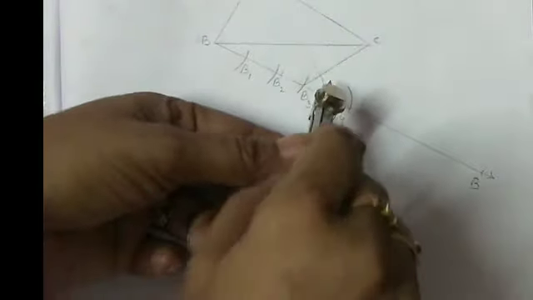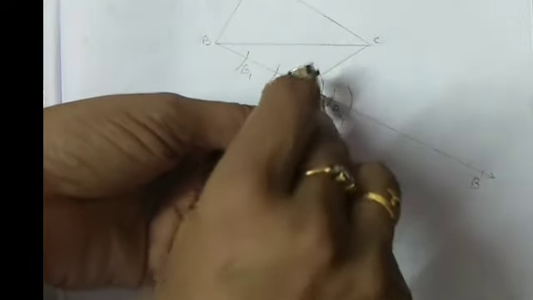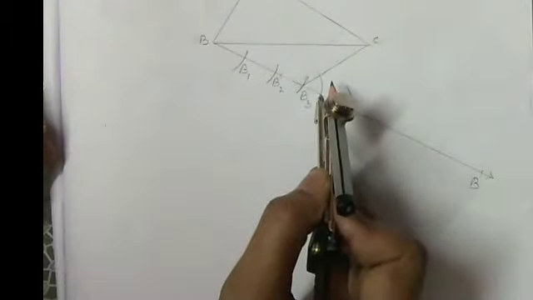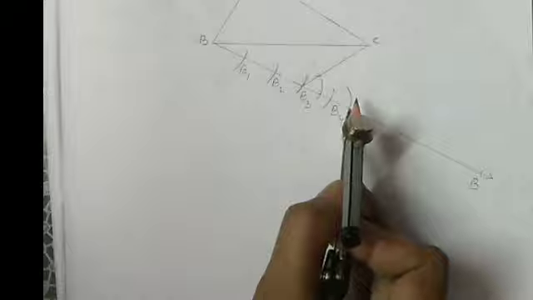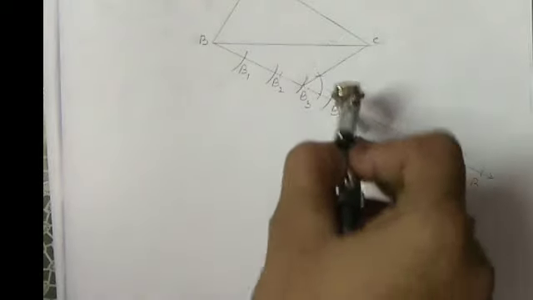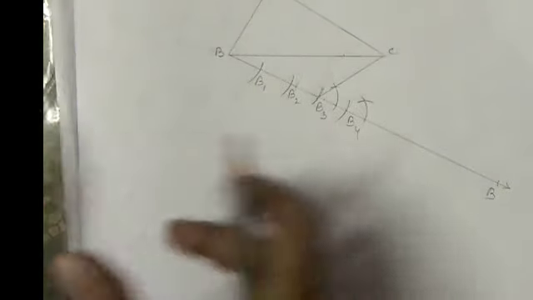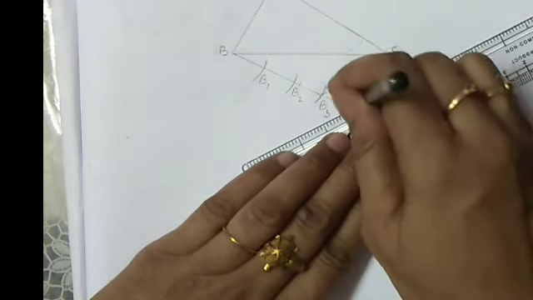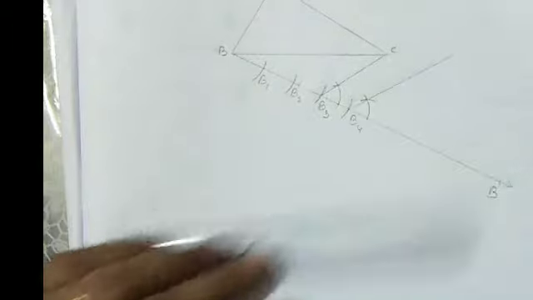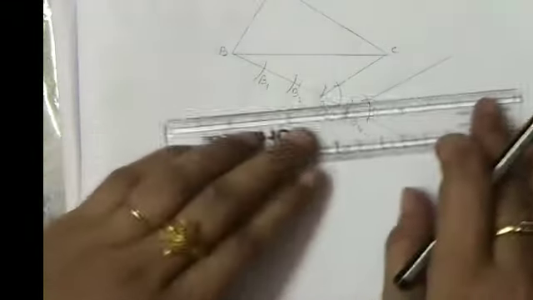Here you take the measurement and we cut it from this arc. This point you join with B4 and produce, but this time there is no line segment to cut with.